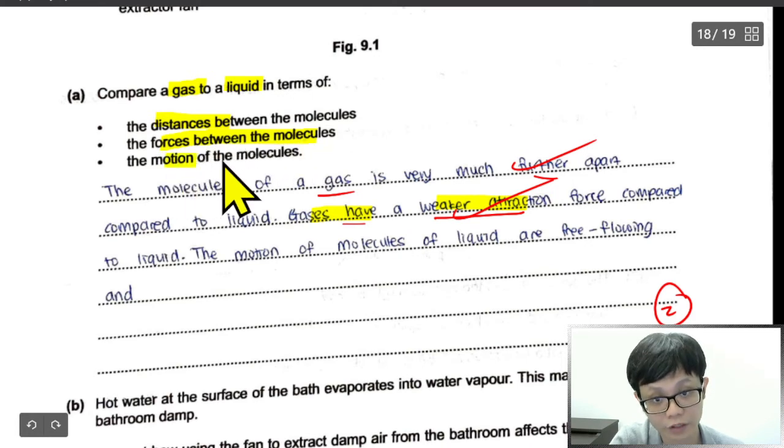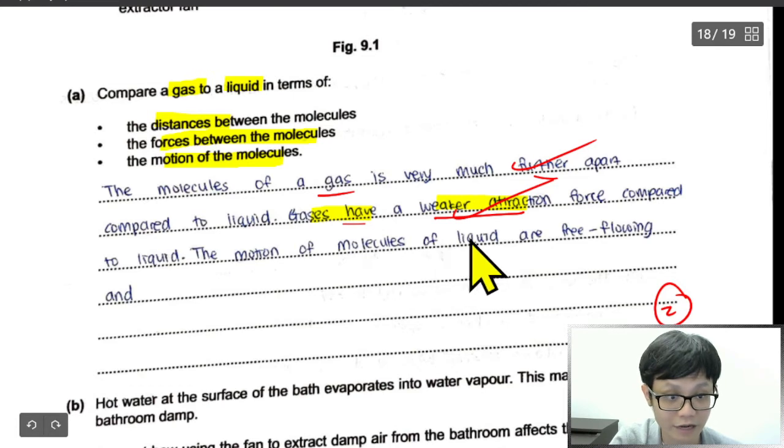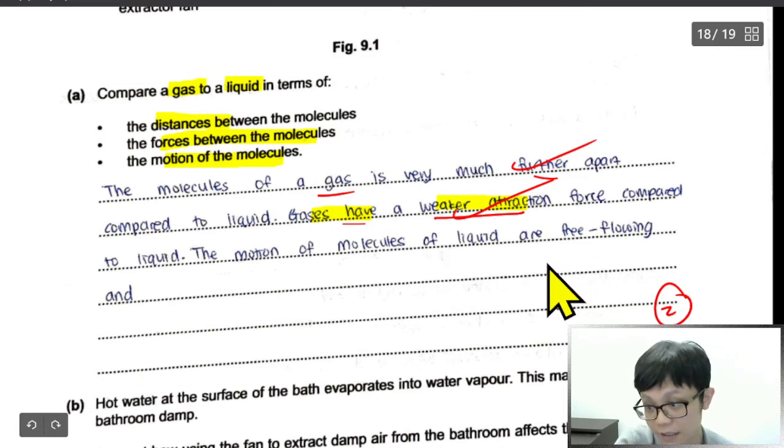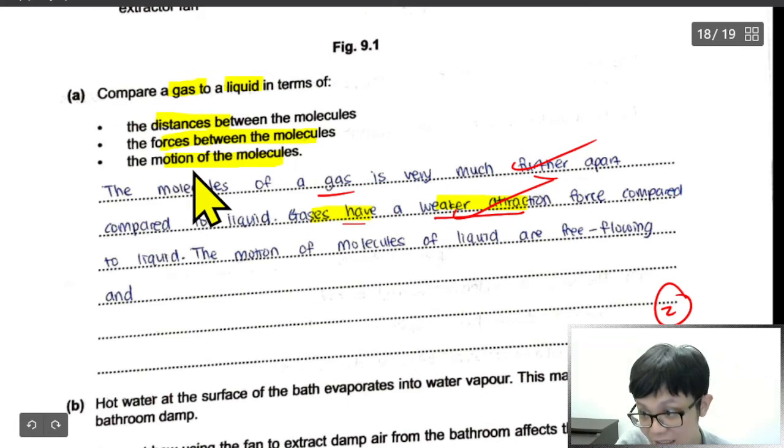Motion of molecules. What is the motion of the molecules? Free flowing? No, because actually air and water are both free flowing, so it doesn't make sense. So what is the answer? The molecules in the air move faster than the molecules in the liquid.